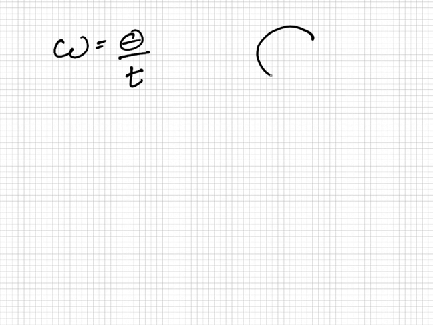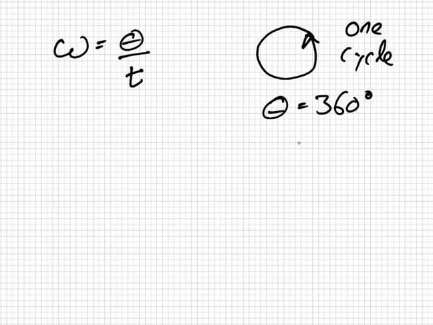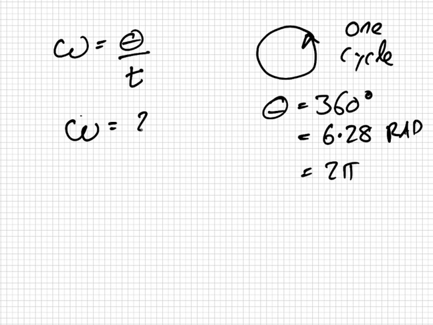So if I'm talking about one cycle, that means that theta equals 360 degrees, or in other words 6.28 radians, or in other words 2 pi radians. So I can say omega equals 2 pi over big T.